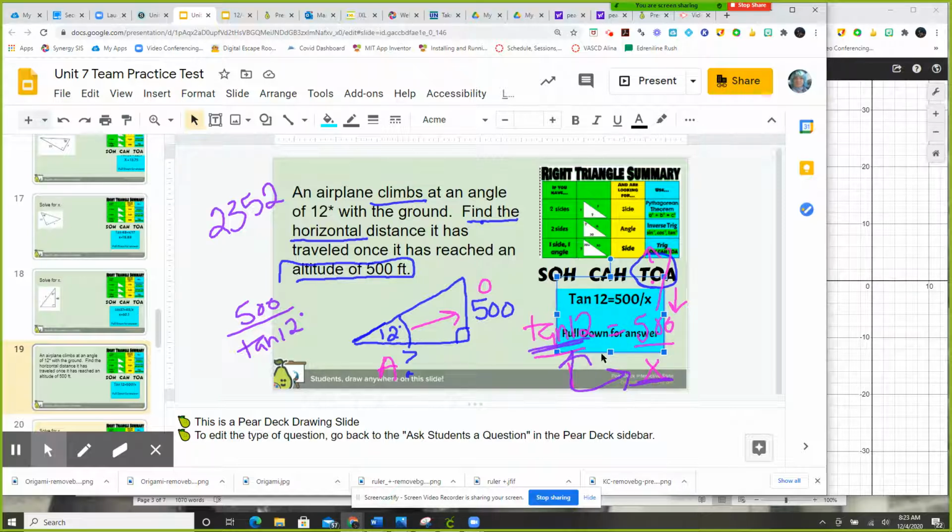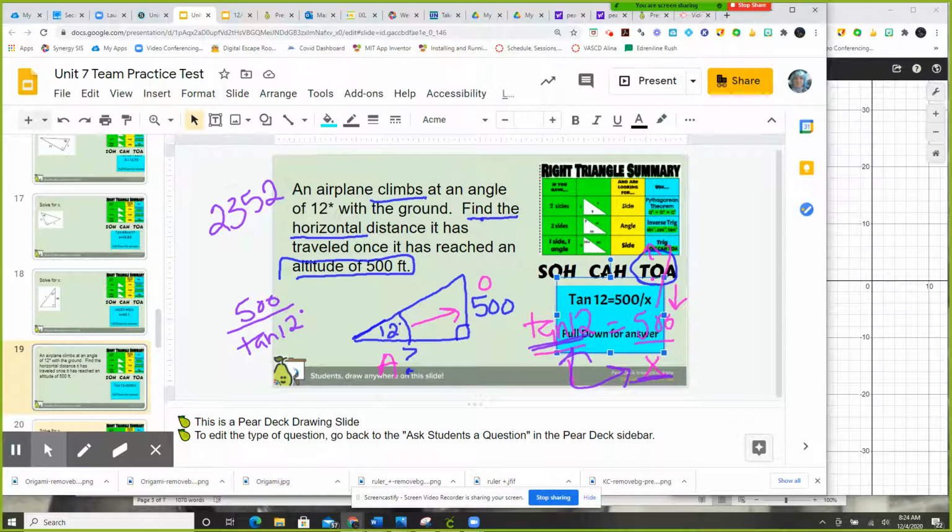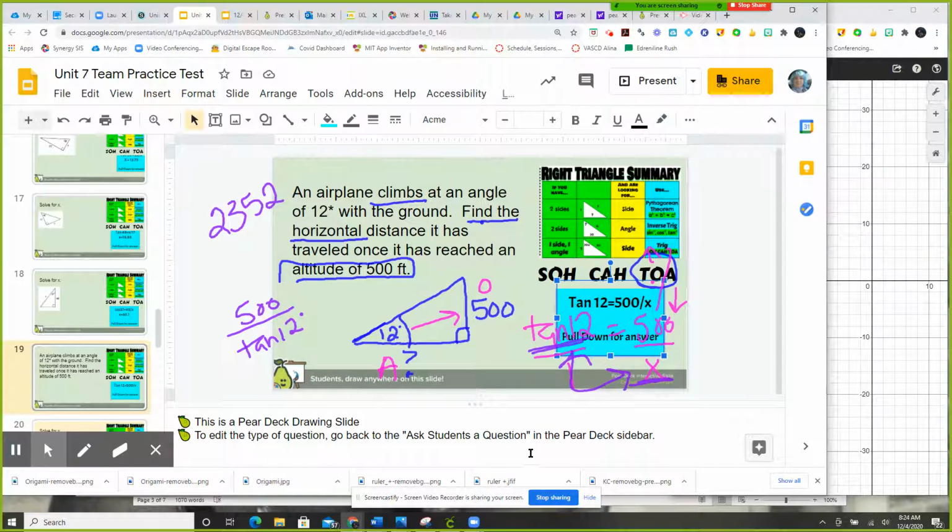Oh, I didn't put an answer in there. Tangent 12 equals 500 over x, because I didn't put a number in there for you. That is definitely the right answer. 2,352.